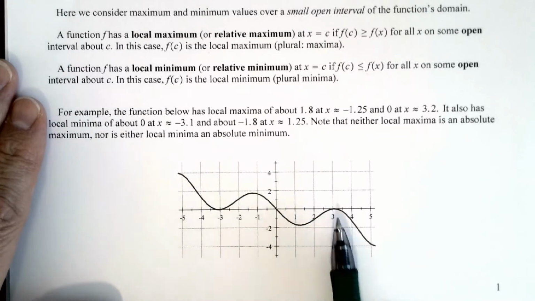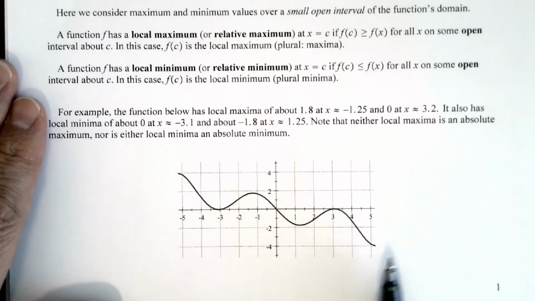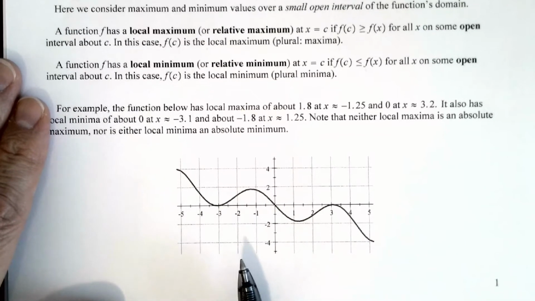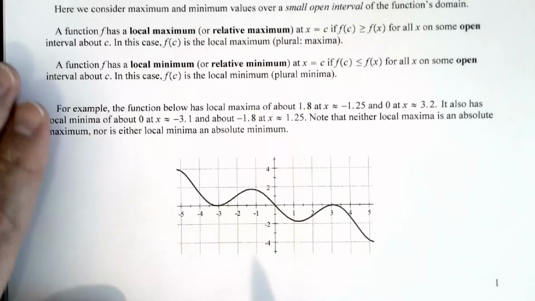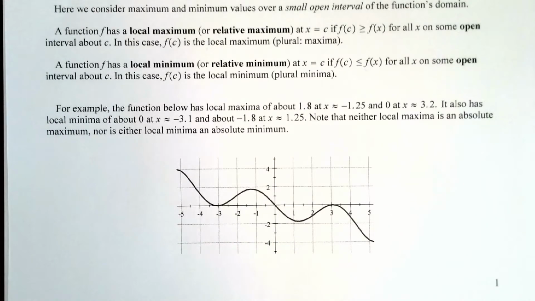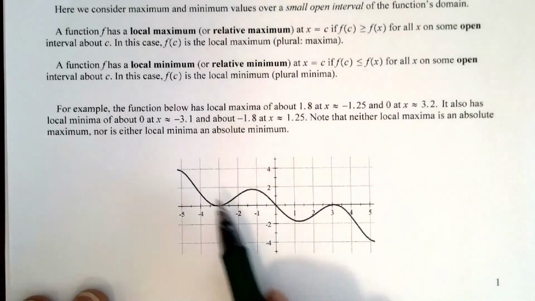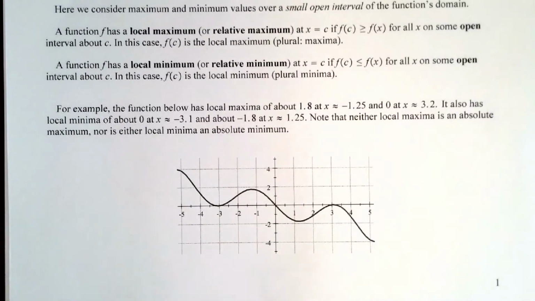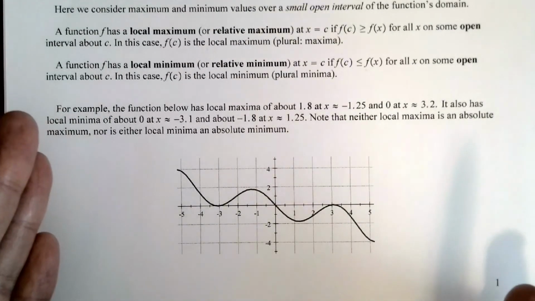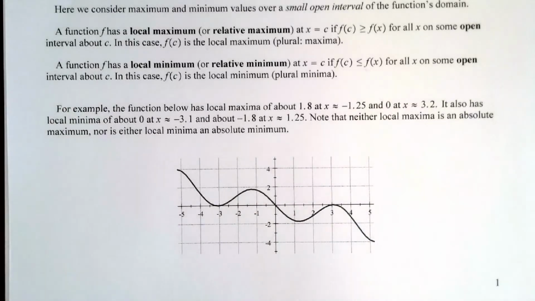Okay, and if the trend continues, we might have an infinite number of local minima and maxima, but the ones that we see in this window are here. So again, there's no absolute max or min for this function on its domain, but there are local maxes and mins.